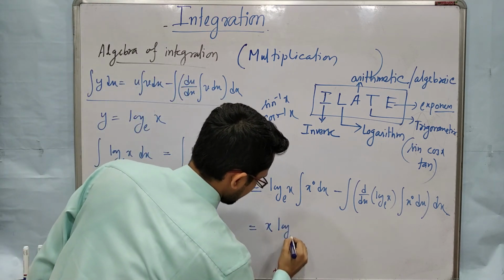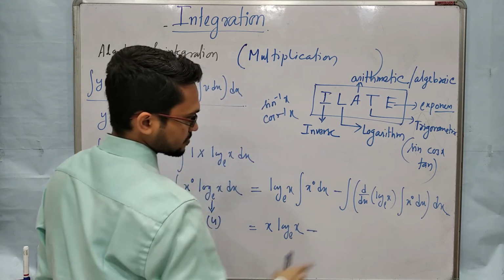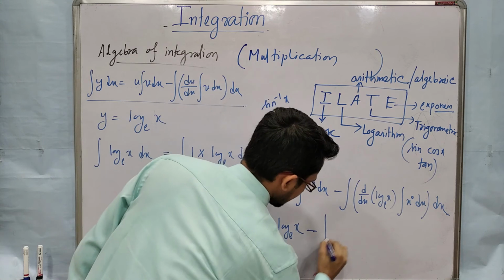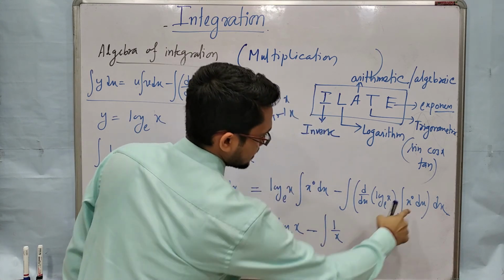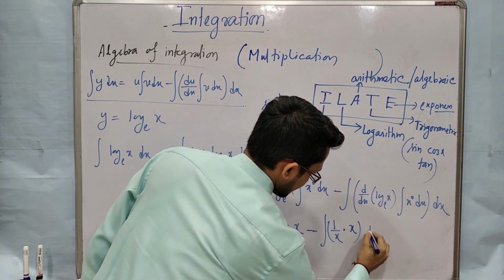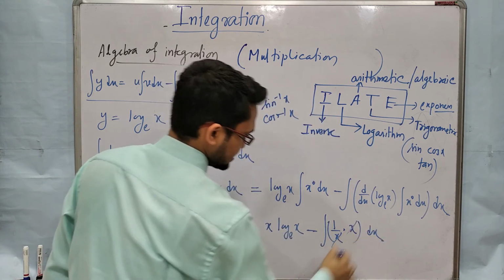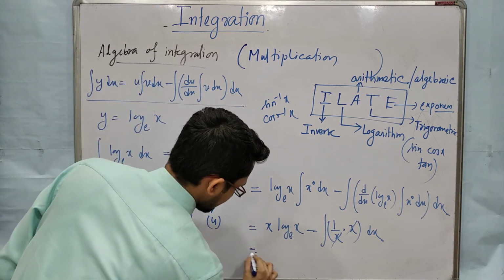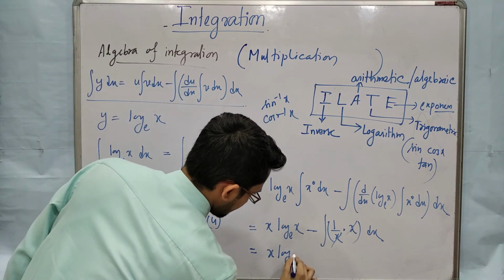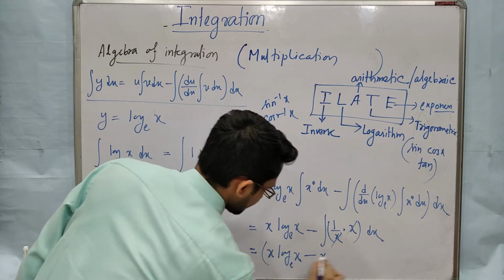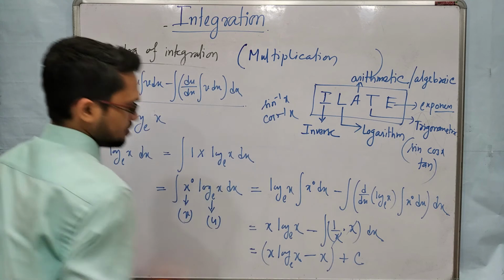So x log x minus differentiation of log x, which is 1 by x, then integration of x to the power 0 dx is x, and then dx. This cancels out, so only integration dx. So at the end the answer will be x log x minus x plus c. This will be the answer.